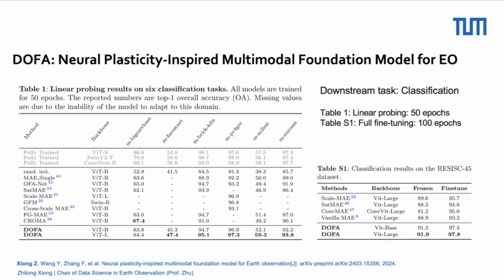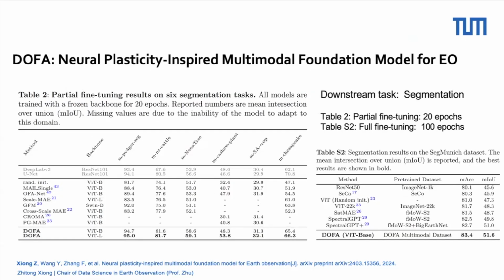Another experimental setting is we fully fine-tune the model on the BZISC45 dataset. We can see both versions of DOFA also perform quite a bit better than others. And on the segmentation datasets, we fix the backbone of the network, and we only train the segmentation head.